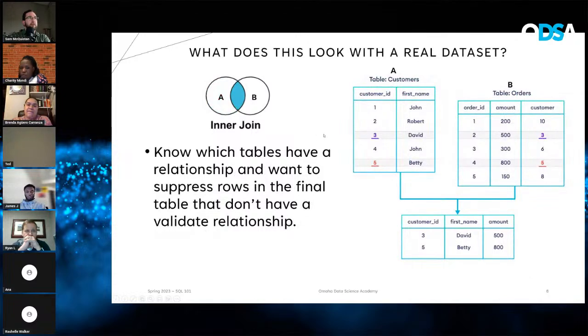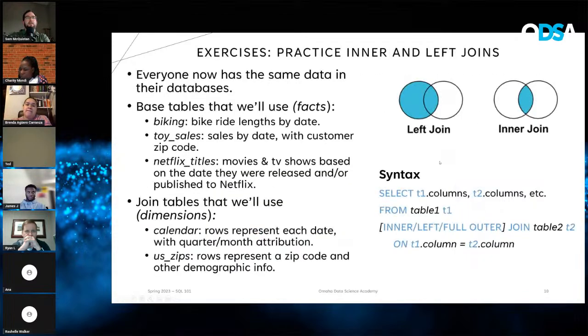If we did the inner join, it'd be relatively similar, except instead of left, we would use inner for our join. So select any of the columns you want from table 1, any of the columns you want from table 2. If you want all the columns from one table and then only some columns from another table, you can do T1.star, which means return all of the columns from the first table.